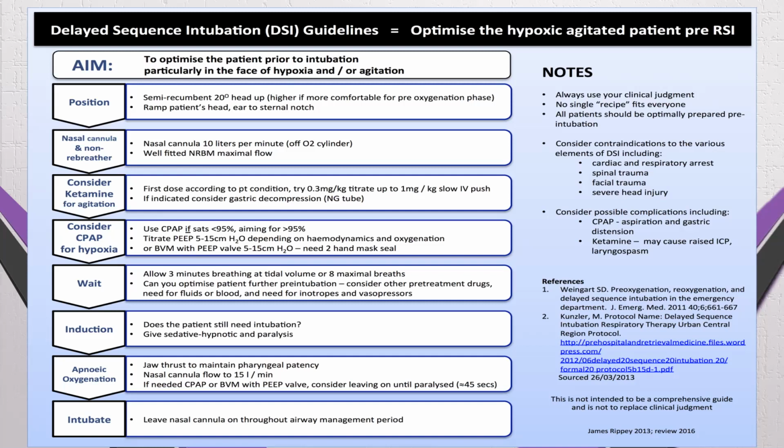And you can use a nasal cannula at a flow rate of 15 liters per minute, or you can use a high flow nasal cannula at up to 70 liters per minute. Use humidified warm air with oxygen in the high flow nasal cannula, as we mentioned. If needed, CPAP or bag mask ventilation with PEEP valve.